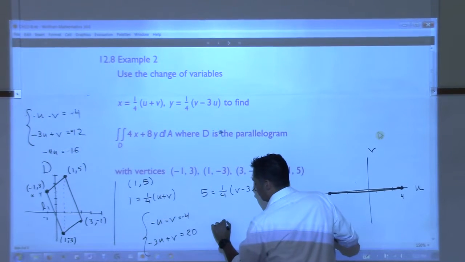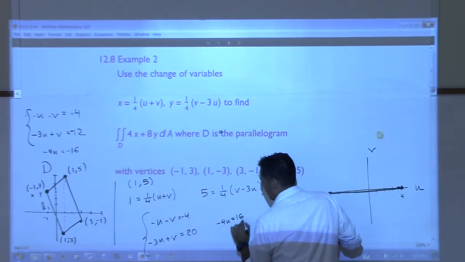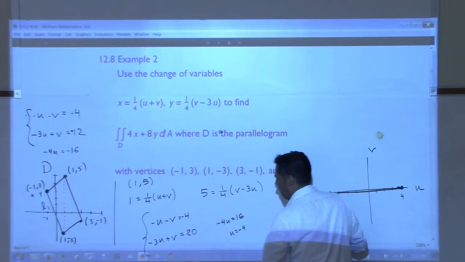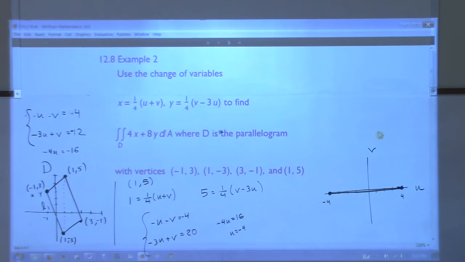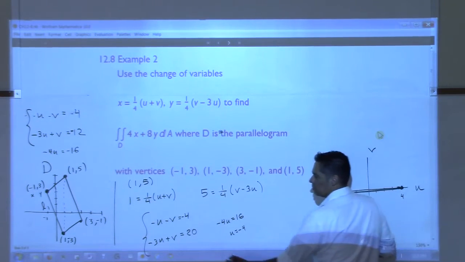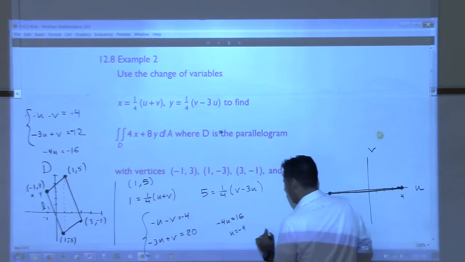So -4u equals 16. And so u is -4. Right? If u is -4, then what's v? It's a little different this time. If u is -4, plug it in right here.